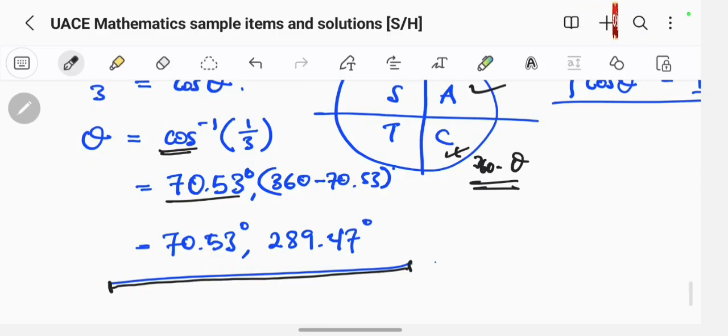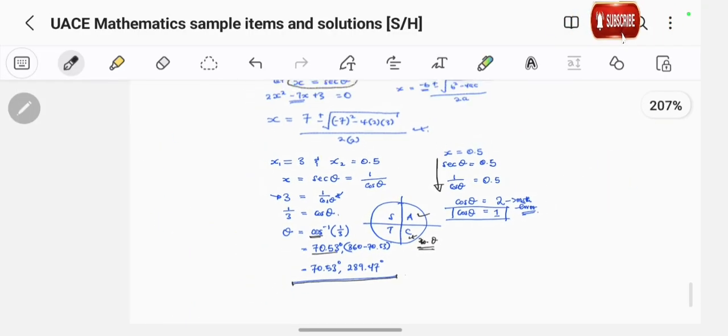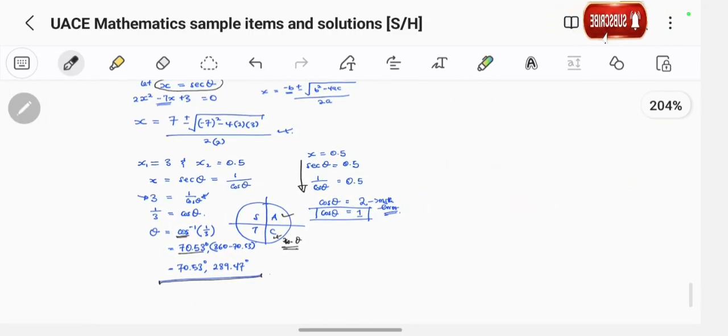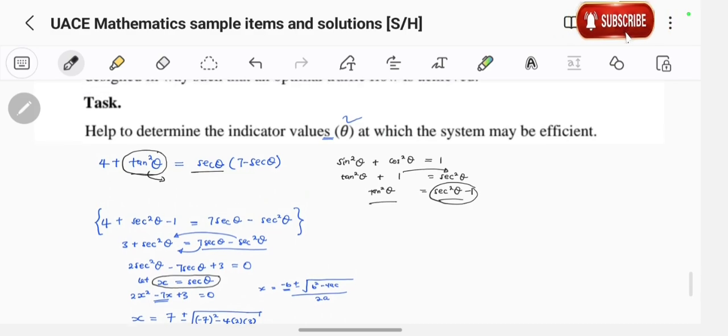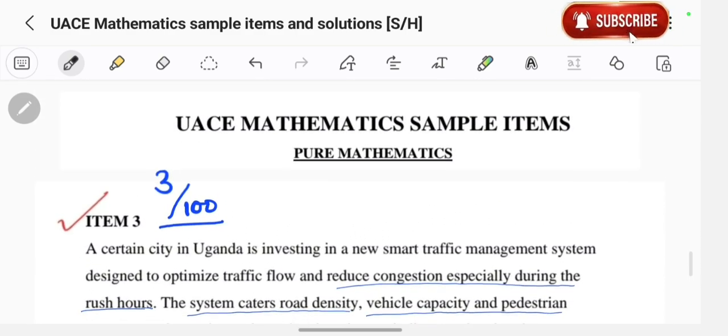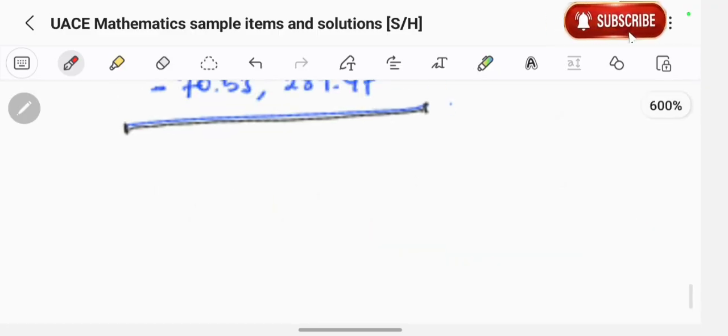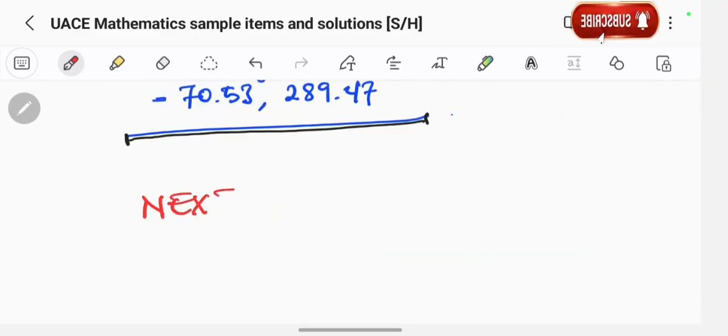So those are the two values that are needed in our item 3. So our next item is going to be item 4.